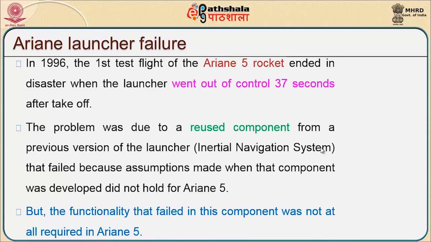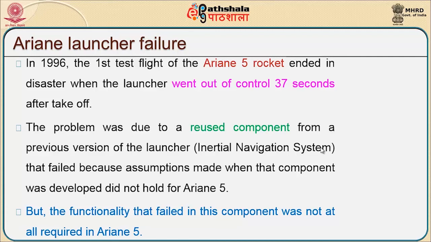Because of one of the failures that we encountered in the year 1996, the Ariane launcher failure, which was purely because of the reuse of one component in the rocket.